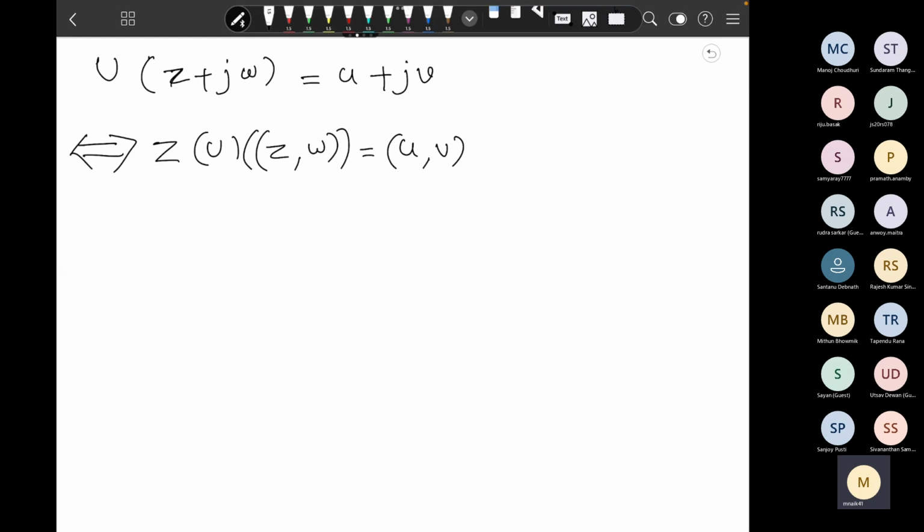We will read this notation later. I just call this 3. Okay, 3 is very important.